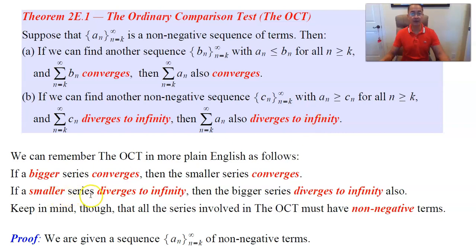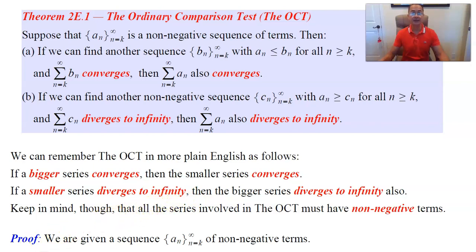So if the smaller series diverges to infinity, then the bigger series diverges to infinity also. If you haven't seen the video on the ordinary comparison test, why don't you check it out now and then come back to this video.